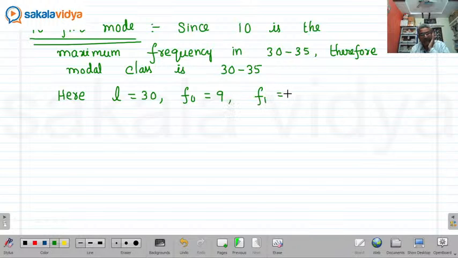It is the frequency of the class succeeding the modal class, that will be 3. F1 is 10, F2 is 3. F1 is the frequency of the modal class, and class size H will be obviously 35 minus 30, which is 5. H is equal to 5. Now the formula, this is important.